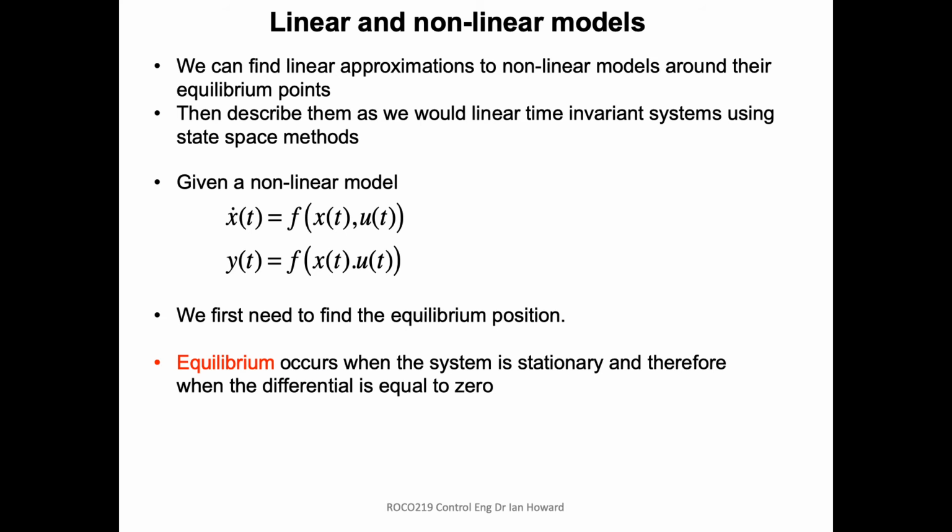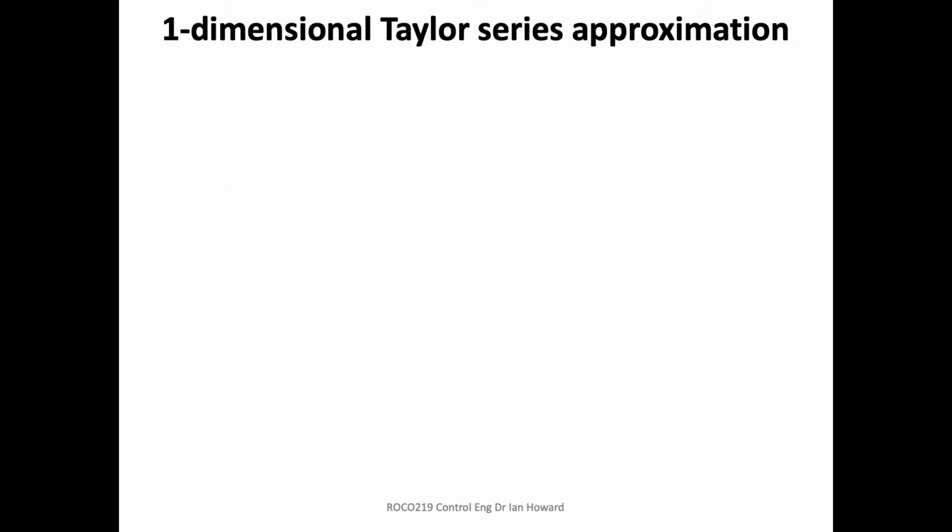But basically, it's at equilibrium when the differentials are zero, right? So the way to find equilibrium is to look at the differential of the system with respect to time, x dot. When that's equal to zero, we can find an equilibrium position.